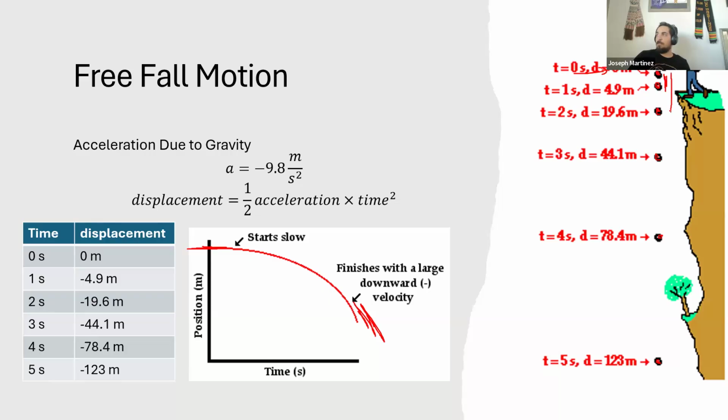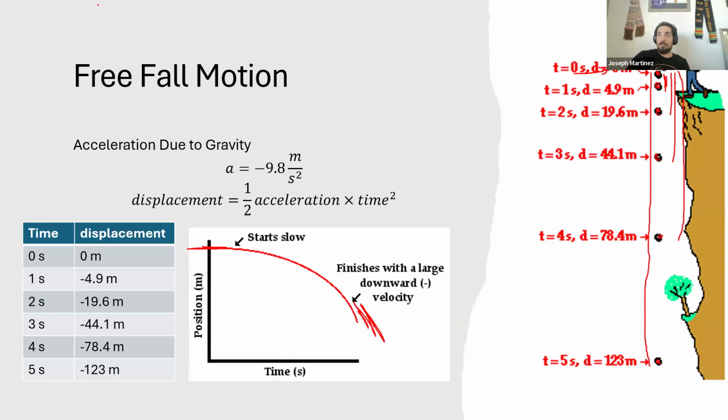And then after that, it traveled 19.6 meters. And then in the third second, it will have fallen to 44.1 meters. And then in the fourth second, it falls all the way down to 78.4. And then in the last second, it falls downwards and makes it all the way down 123 meters below the cliff. Those negative signs mean that it's moved downwards. So that's the idea of free fall motion.